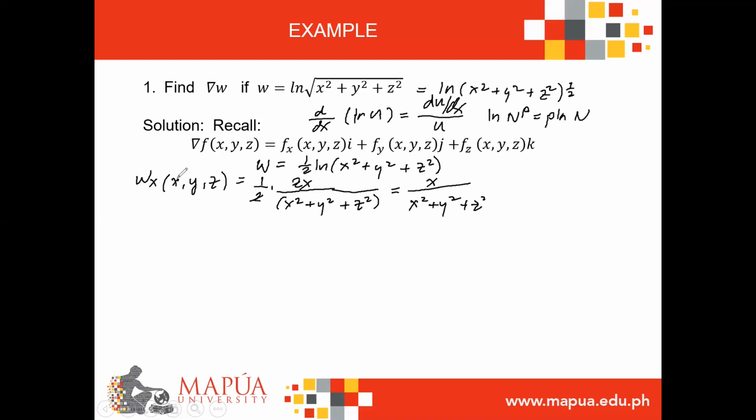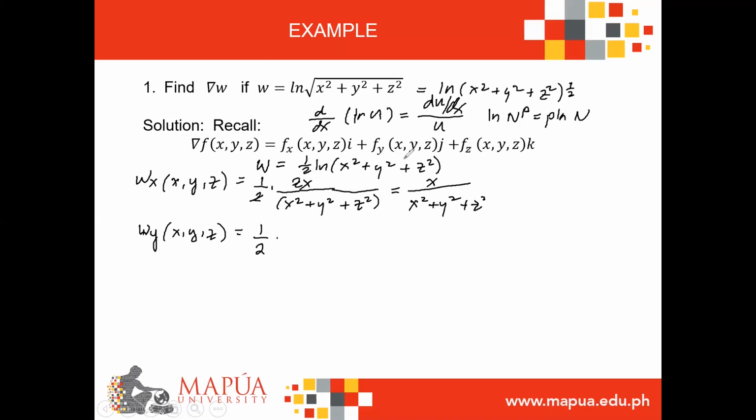Then let's now get w sub y, because our function is w. So finding the partial derivative of w with respect to y, x and z will be considered as constants. Copy your constant 1/2 and get the derivative of ln u.